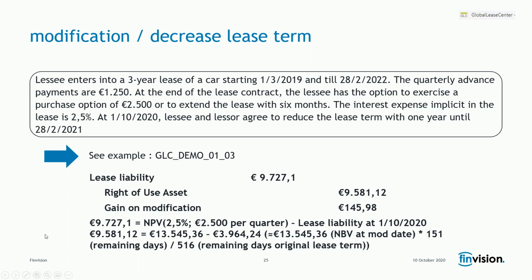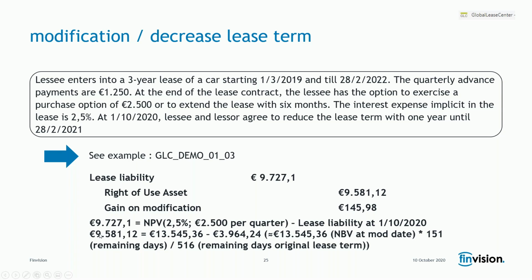So the pro rata of 13,544 multiplied by 151 divided by 516 gives me my new carrying value, the new beginning of my carrying value. The difference between my old carrying value and the new carrying value, the 13,544 minus the 3,964, is the impact.